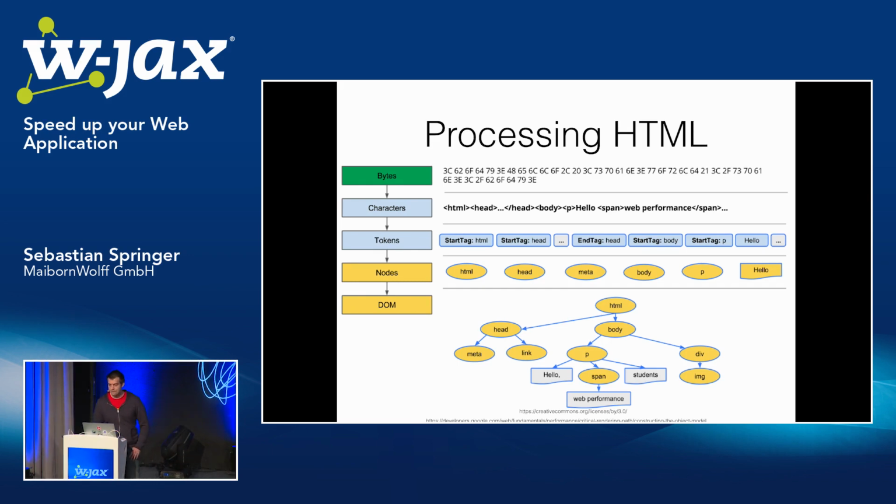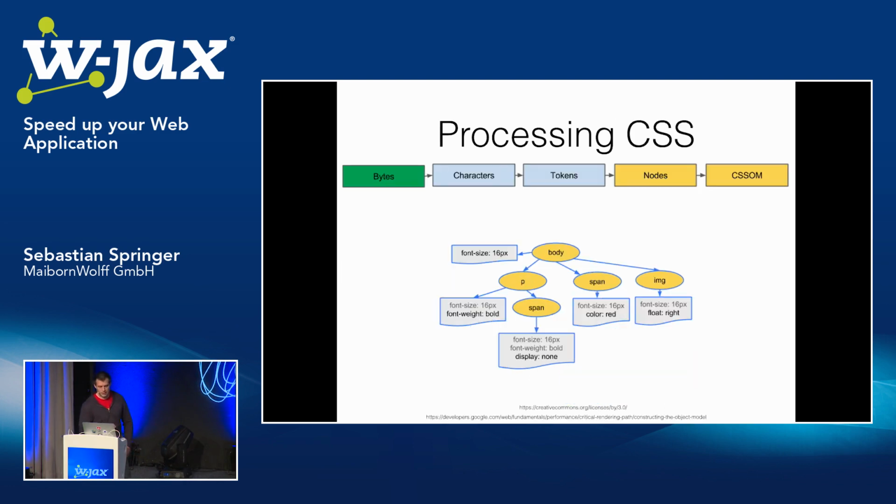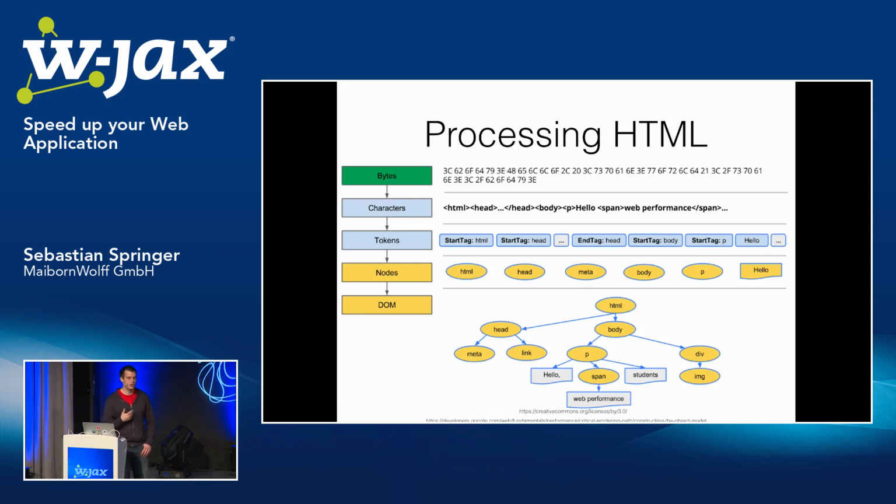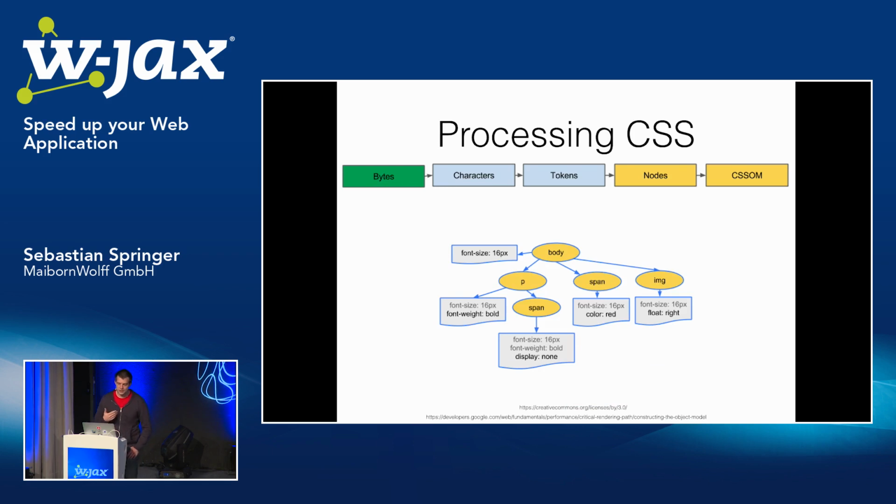Next step, our browser shows a white page until that. The browser has to do the same for CSS, because CSS is for the good-looking part, so it doesn't make any sense to display a raw HTML structure because that looks bad. So processing CSS takes the same steps: bytes, characters, tokens, nodes, and then the object model, in this case not the document object model, but the CSS object model.